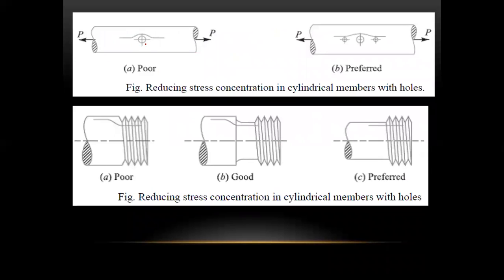Next. So if you see here, the tensile forces are acting in this direction. So here the point is a very poor point. So whenever there is a change, you have a preferred concept. Next, reducing the stress concentration in cylindrical members with holes. See here, it is a poor design, and this one is a good and preferred design.